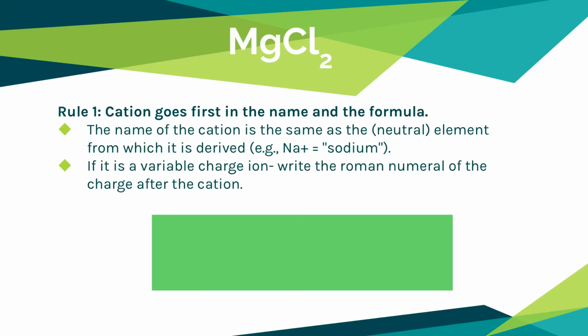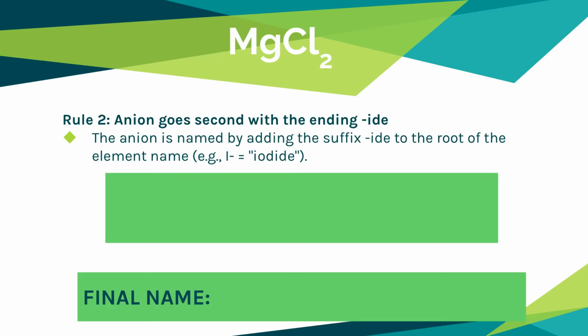So I want you to practice breaking this down, and we're going to look at it in pieces. So what is the cation? The cation is the first symbol in the formula. So for this example, magnesium is our cation. And remember, we don't change anything about its name, we just write its name. Number 2, the anion goes second with the ending -ide.